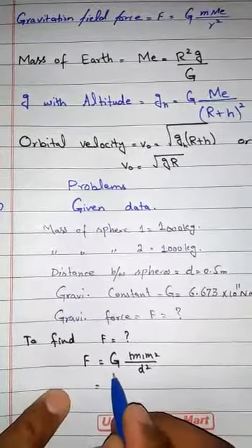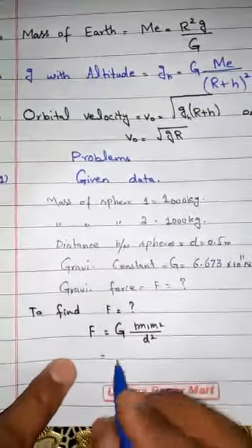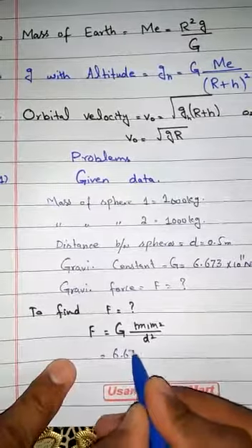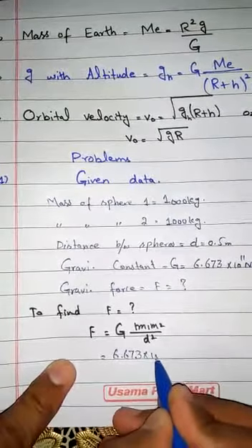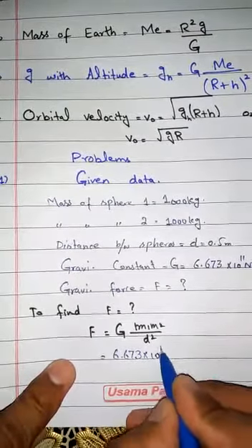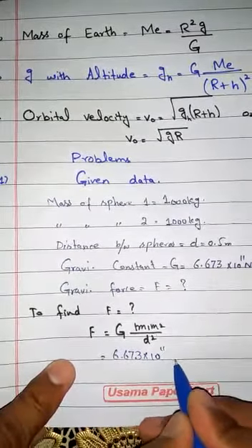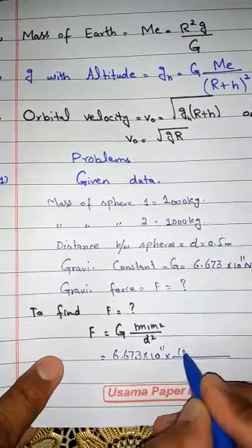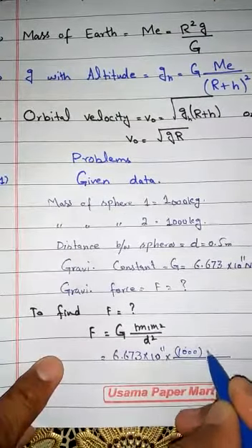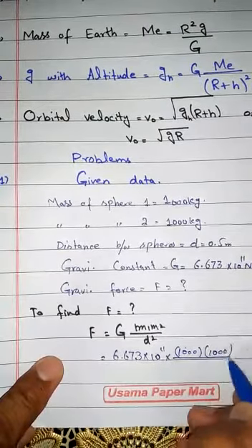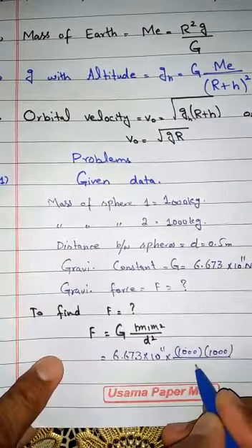G value we know very well, that is equal to 6.673 multiplied by 10 to the power minus 11. Now multiply mass 1, that is 1000, with mass 2, 1000, and divide by d value, 0.5 whole square.